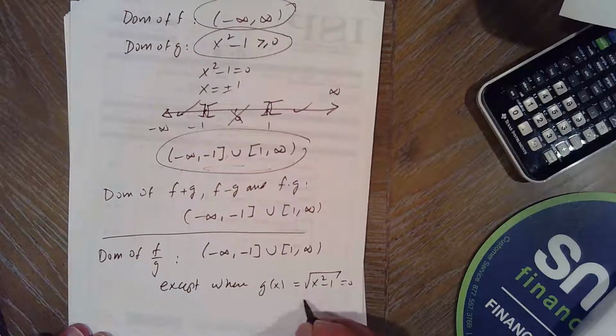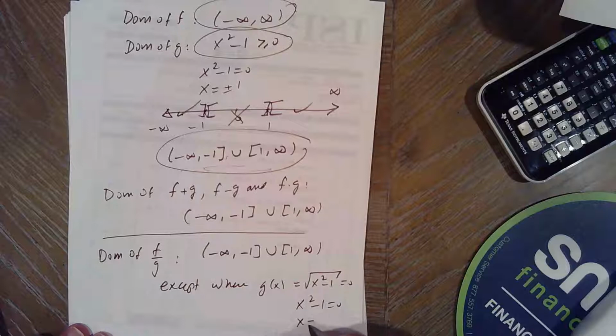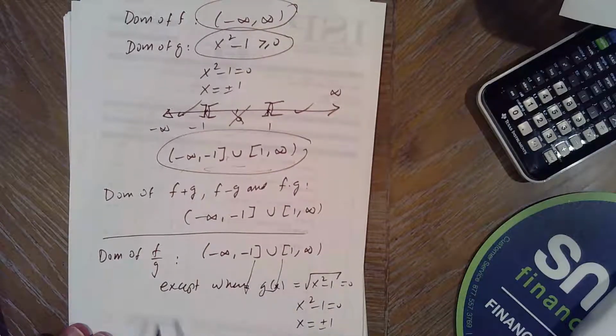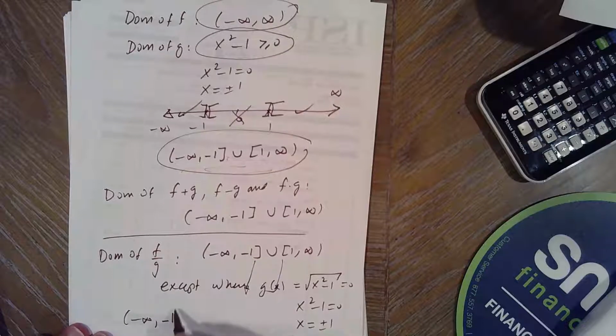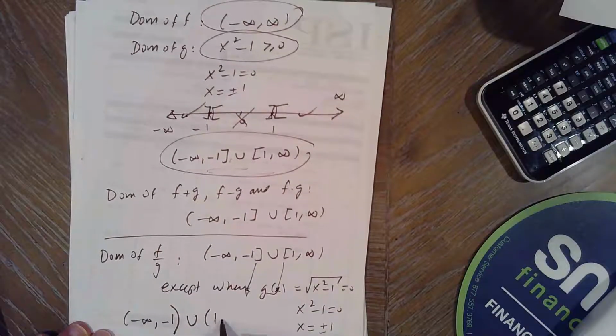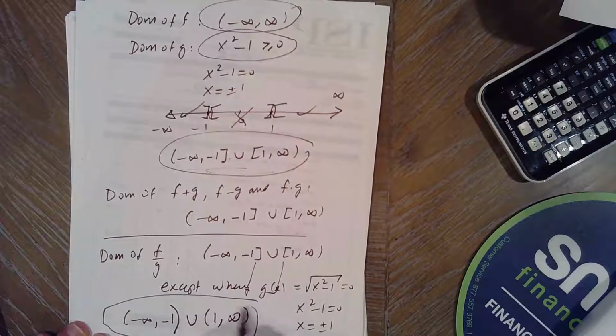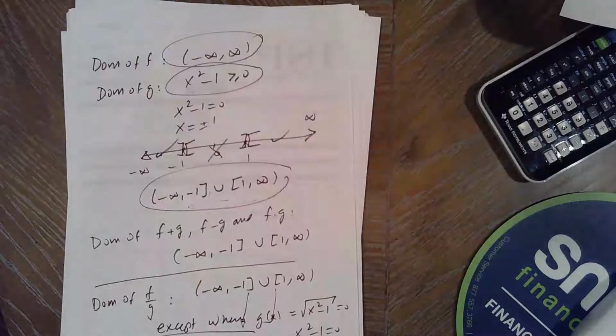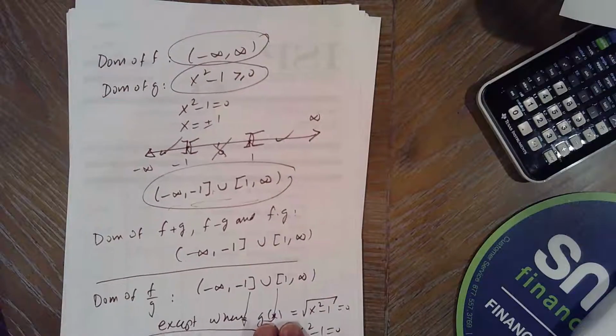That equals 0 when x squared minus 1 equals 0, when x equals plus or minus 1. So we're going to remove the endpoints. So it's going to be -infinity, -1 with parentheses, union 1, infinity with parentheses. Because these cannot be plugged into f over g, because if you do plug them into f over g, it's going to be undefined.